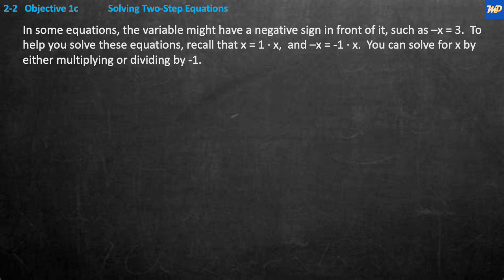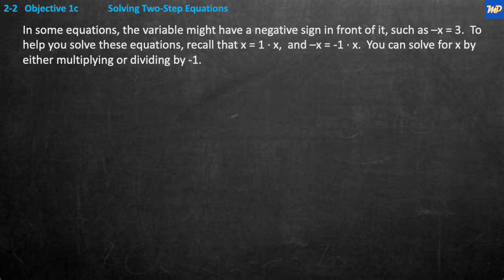Okay, now we're going to do objective 1C. This is the third slide in our first objective, solving two-step equations. In some equations, the variable might have a negative sign in front of it, such as negative x equals 3.